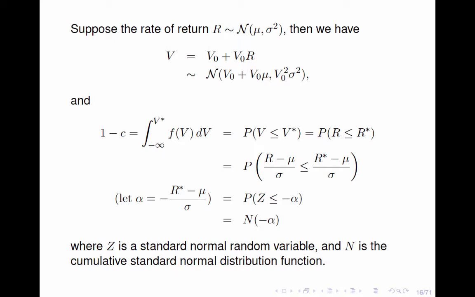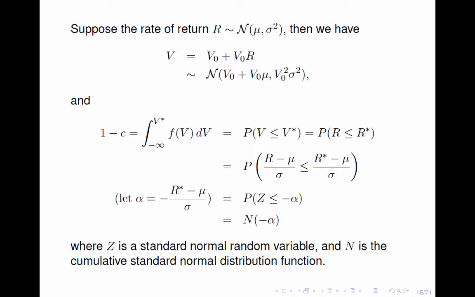Since R follows normal distribution with mean mu and variance sigma squared, standardize the random variable, we get that the probability is equivalent to the probability of a standard normal random variable Z less than or equal to minus alpha, where minus alpha is equal to R star minus mu divided by sigma.